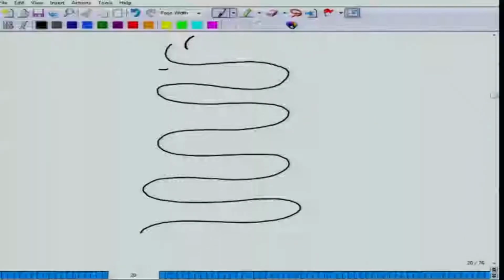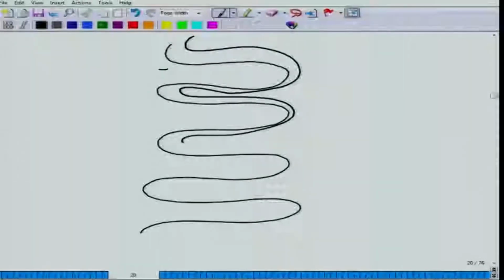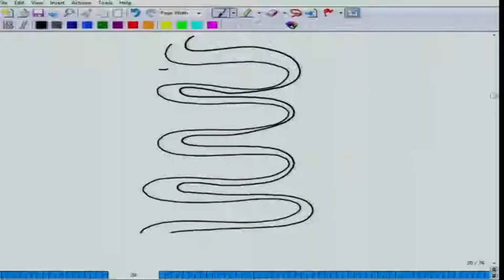From here the food is entering from the stomach, and now it is traveling all along the small intestine out here. Now it is moving on to the large intestine out here. From here starts the colon.